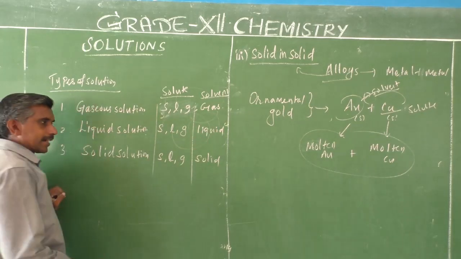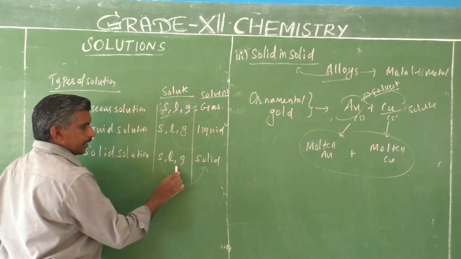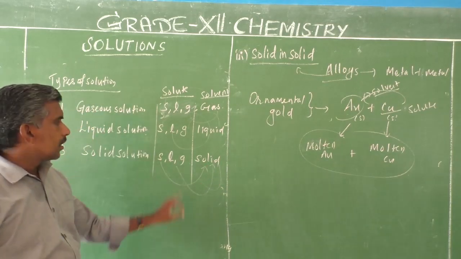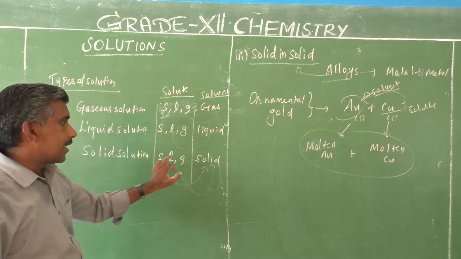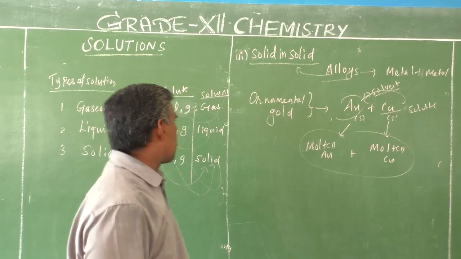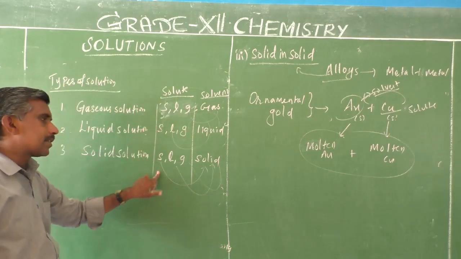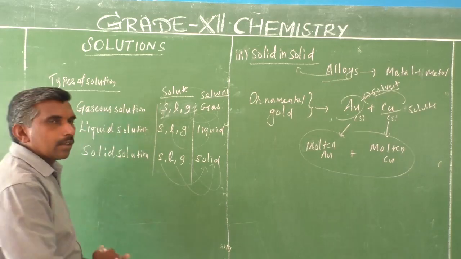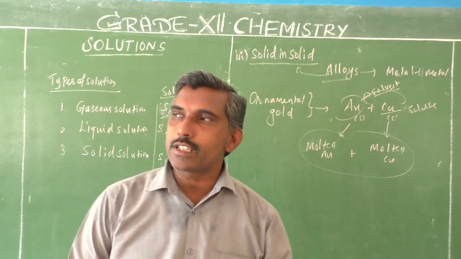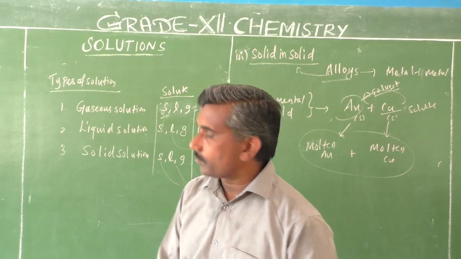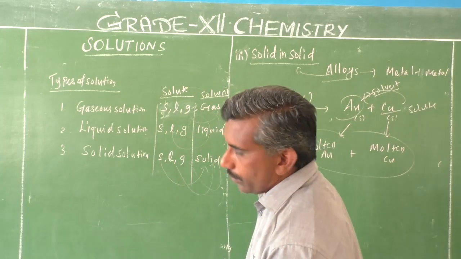Solid solution has three categories: solid in a solid, liquid in a solid, gas in a solid. So three types, total 3 plus 3 plus 3, total 9 types of solution. Basically 3 types, and under each classification, 3 more. Total 9 types.